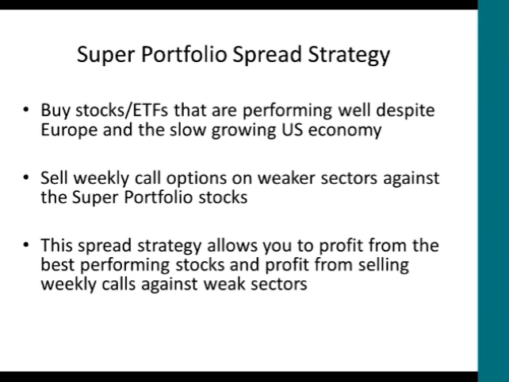With the super portfolio, we buy stocks or ETFs that are performing well despite Europe and all the problems over there and the slow-growing U.S. economy. And then we purchase these stocks, then we sell weekly call options on weaker sectors against our super portfolio stocks. And I'll show you an example of that here in a minute.